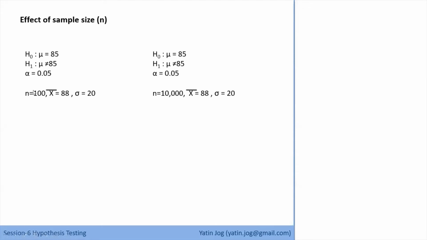The only change is that in the first scenario, I'm considering 100 data points in my sample with the same mean and standard deviation, 88 and 20. But in the second scenario, the second researcher has taken 10,000 data points.